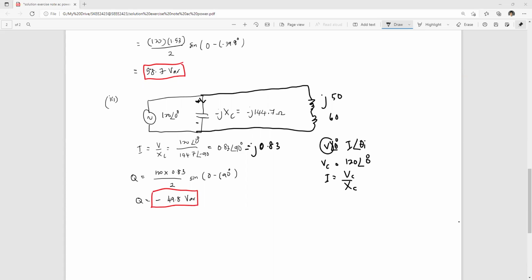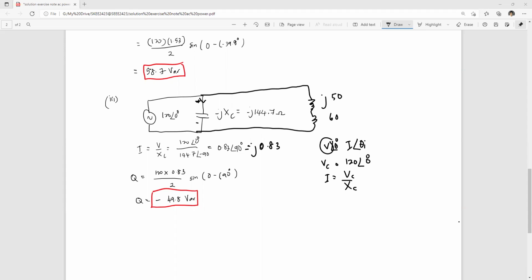This is RMS. Over your XC, we know that XC is 1 over 2 pi FC, where your Q is 1.089 kvar. Your capacitor can be calculated by solving this equation.